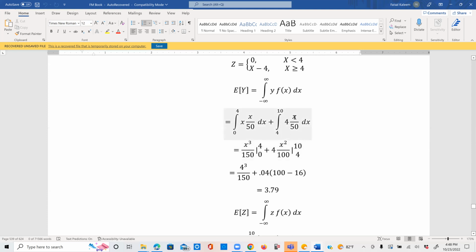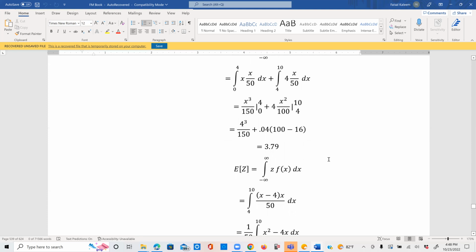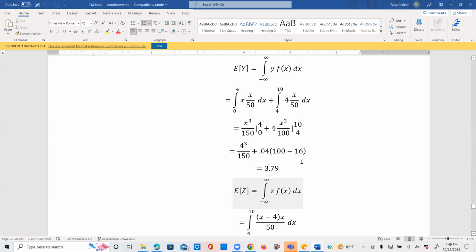Similarly here, the integral of x is x squared by 2, and the 2 gets multiplied in, so you get x squared by 100, and we already have a 4, from 4 to 10. When you substitute the limits, you end up getting 3.79 for E of Y.